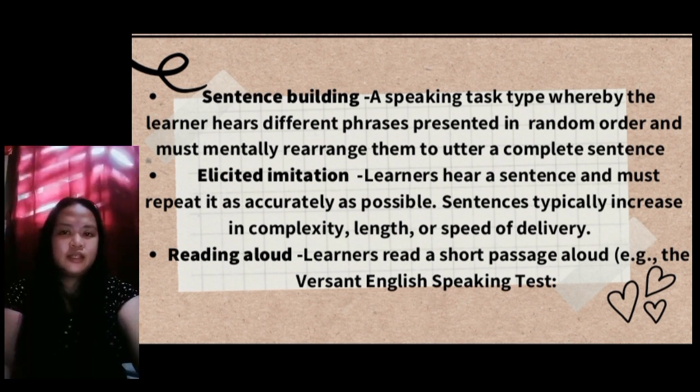So next is elicited imitation, or EI. So it is a testing method that usually requires participants to listen to a series of stimulus sentences, such as words or phrases, word sounds, etc., and repeat the sentences verbatim.